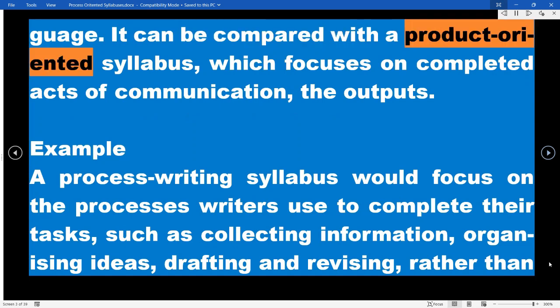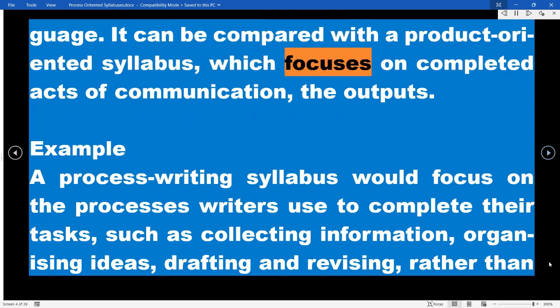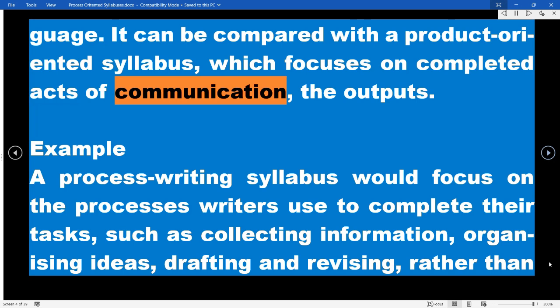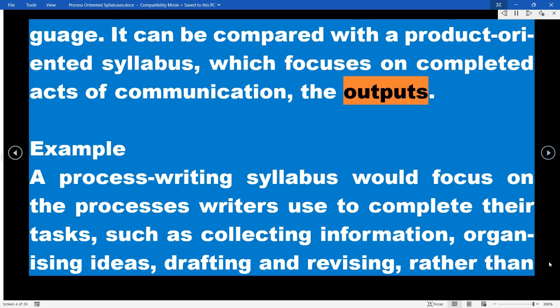Process-oriented syllabuses. A process-oriented syllabus focuses on the skills and processes involved in learning language. It can be compared with a product-oriented syllabus, which focuses on completed acts of communication, the outputs.